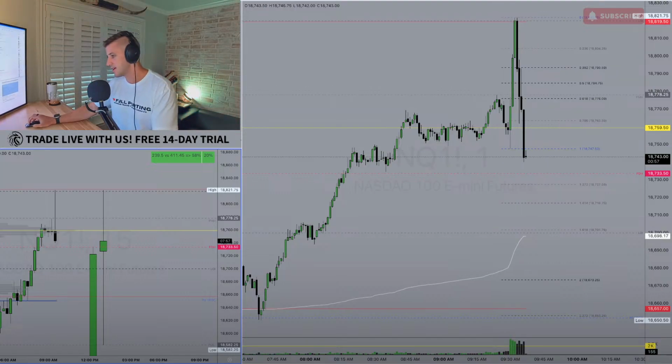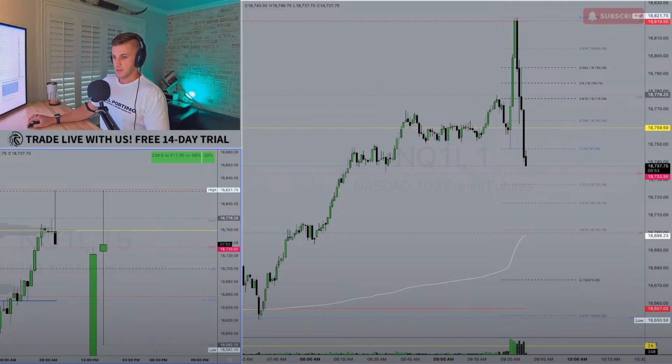Coming into that prior day high right now. Challenge now is with this 15-minute bar. So let's see if buyers are actually responsive here or not.